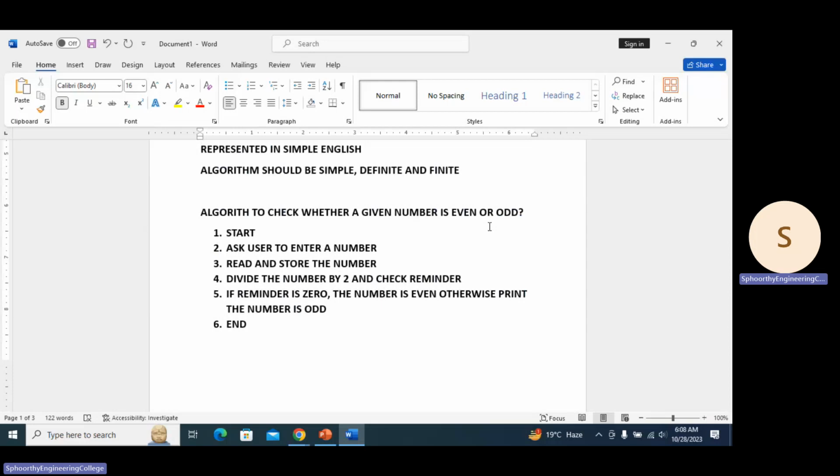So the start and end symbols will be replaced with an oval, because oval is used for start and end. And asking the user to enter a number means you are asking the user to enter some input. So input, and what is the next step? Read and store the number. Both can be represented together using a single parallelogram where we will write read the input from the user.